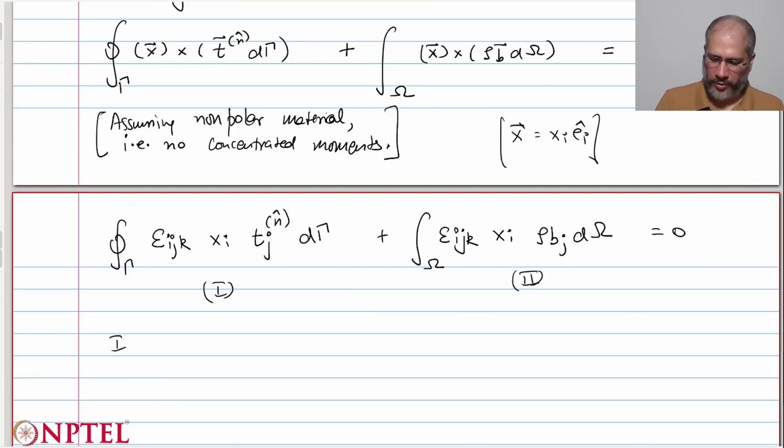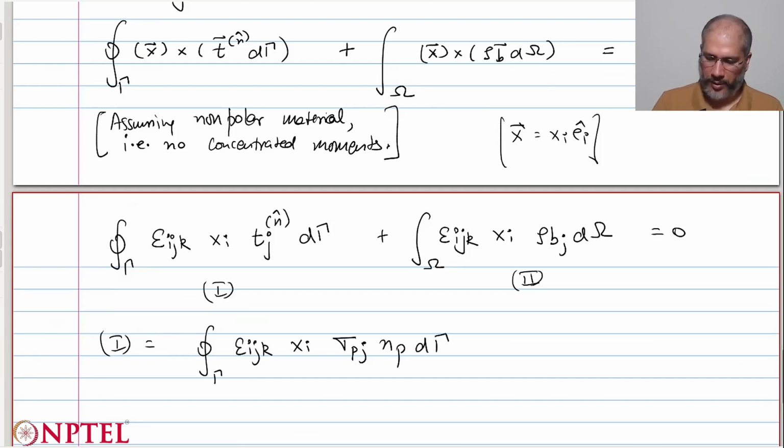So let's simplify 1 first. If I apply the Cauchy stress formula in this case, this becomes epsilon_ijk x_i, and this t_j^n hat now becomes sigma_pj n_p times d gamma.